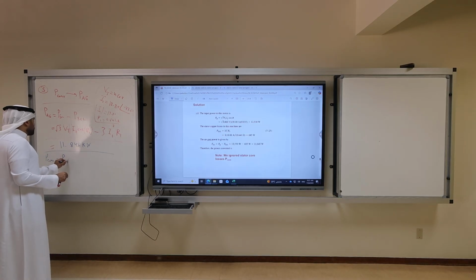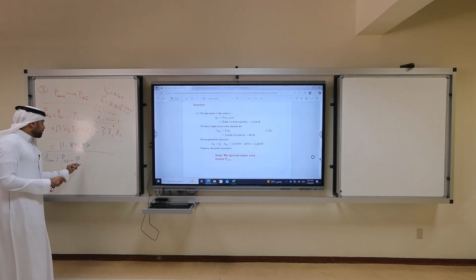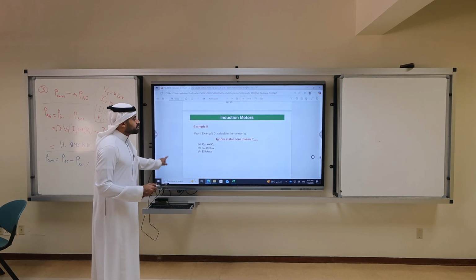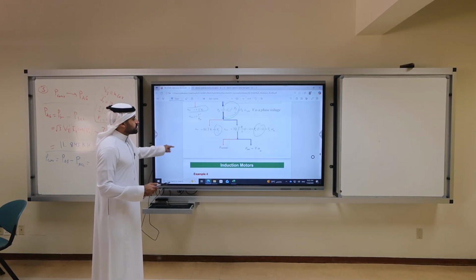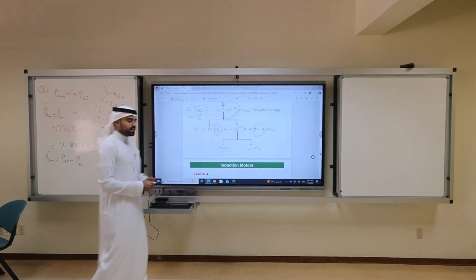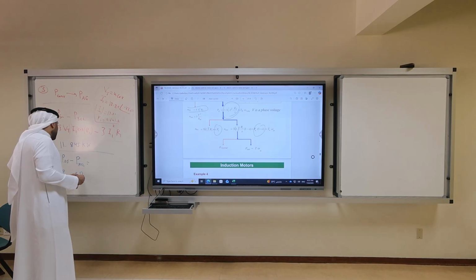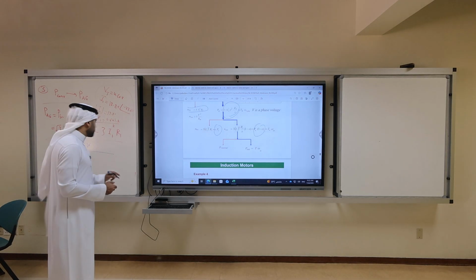P air gap minus P rotor copper losses. I told you which equation to use for rotor copper losses. Don't use the hard equation, use S times P air gap. So it is P air gap minus S P air gap. What is the slip? 2.2%.